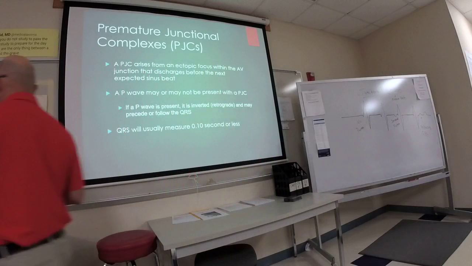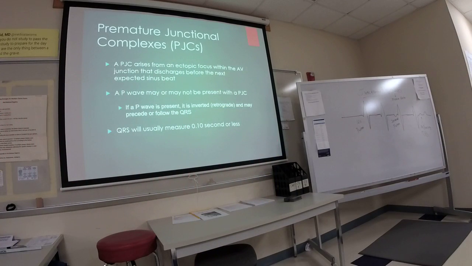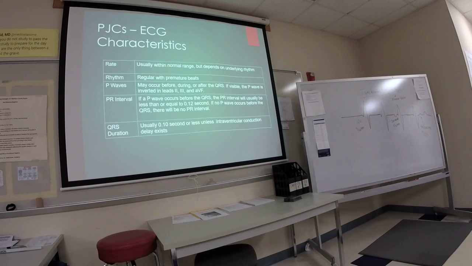It's insignificant as long as there's not too many, as far as patient care is concerned. The QRS complex rate is regular except with the premature beats, just like a PAC. It's in this normal range of the junctional part. P waves, like we just said, may come up after the QRS complex, or they may be absent.